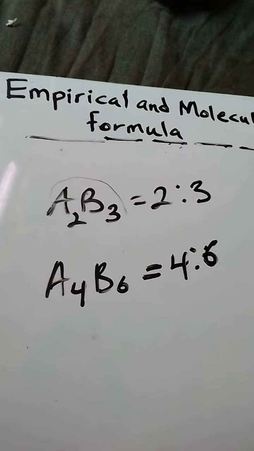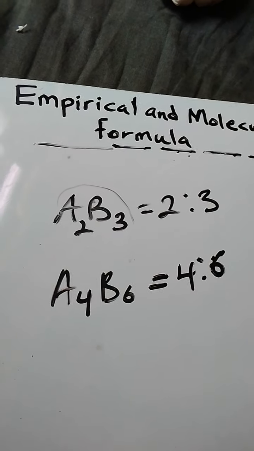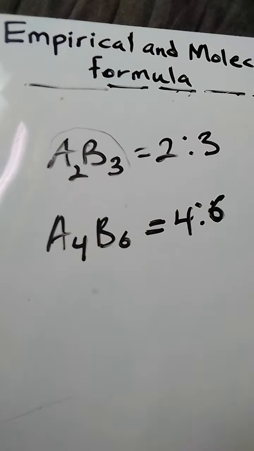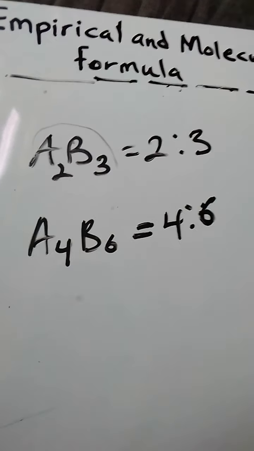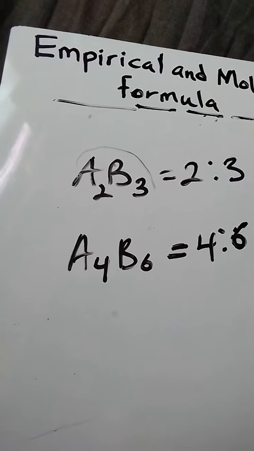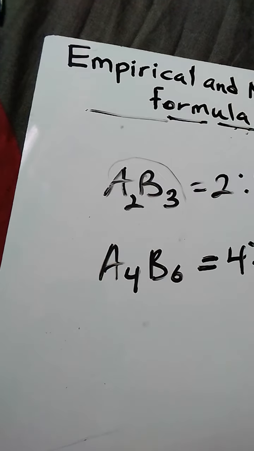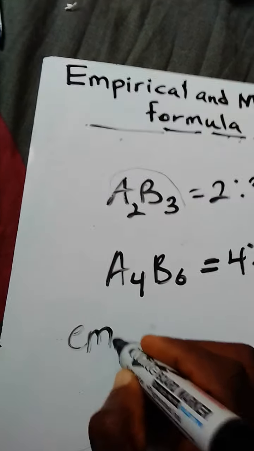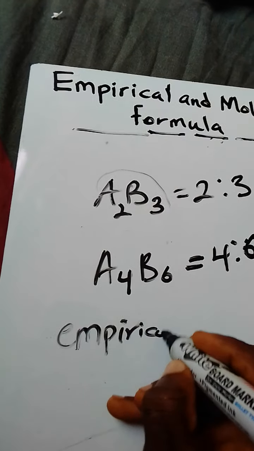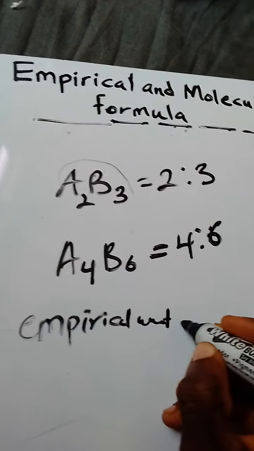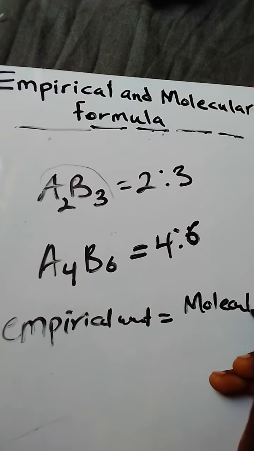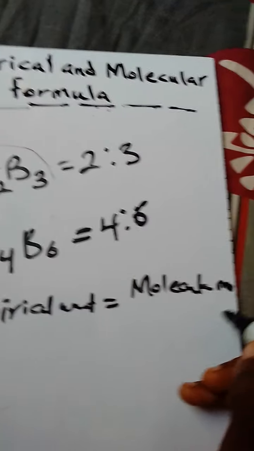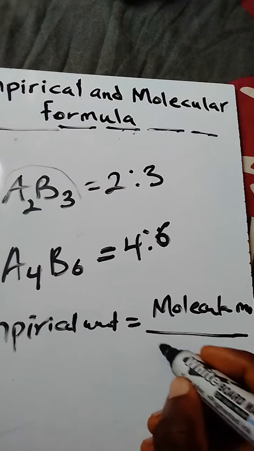Basically, when you want to deduce the molecular formula from an empirical formula, we find what we call an empirical unit. Then you multiply it by the empirical formula. The empirical unit is given by the molecular mass over the empirical mass.